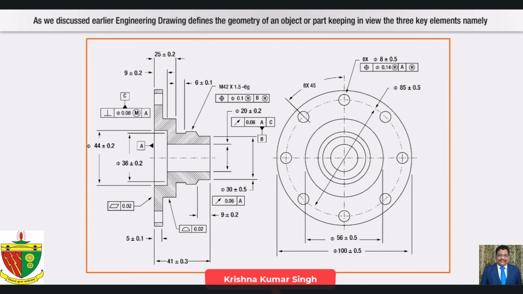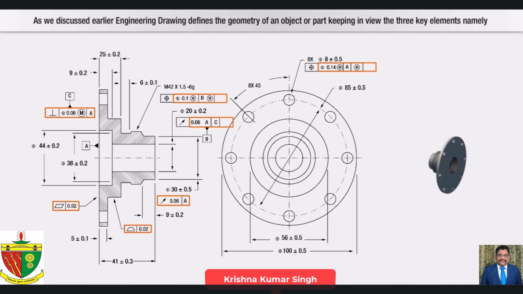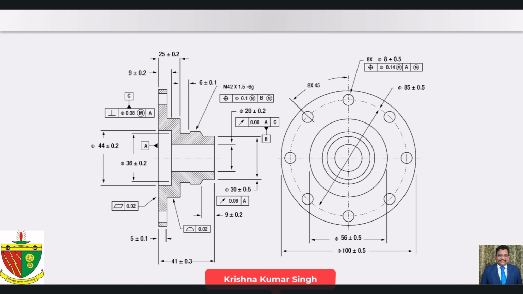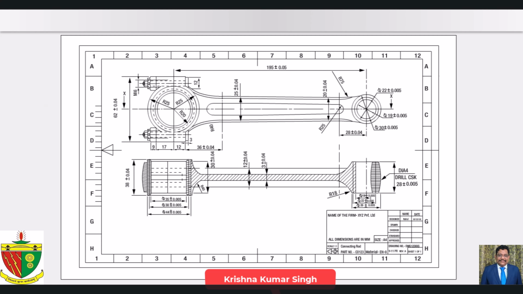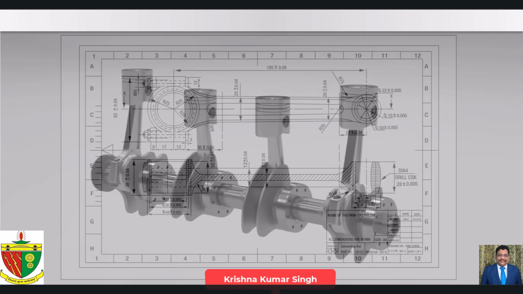As we discussed earlier, engineering drawing defines the geometry of an object or part, keeping in view the three key elements, namely fit, form, and function of such an object or part. This thus means that an engineering drawing defines the dimensions along with permissible tolerances so as the fit aspect of part is taken care of.